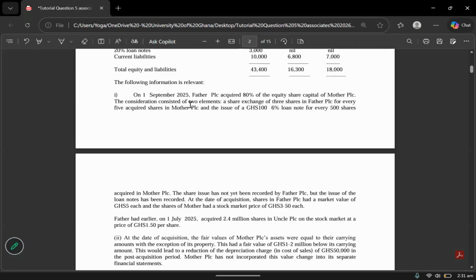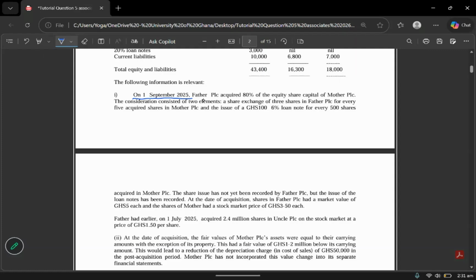On 1st September 2025, Father PLC acquired 80% of the equity share capital of Mother PLC. So this is your acquisition date, your group structure, please bring it.